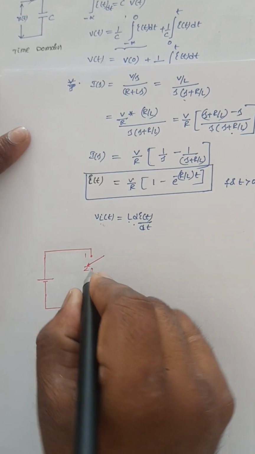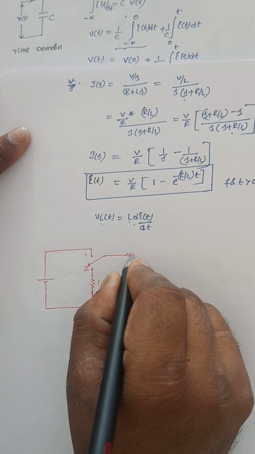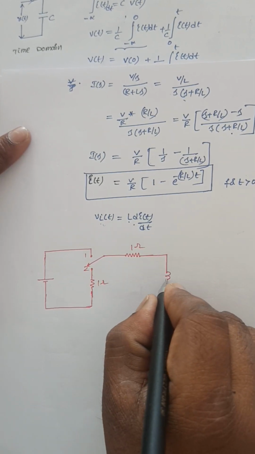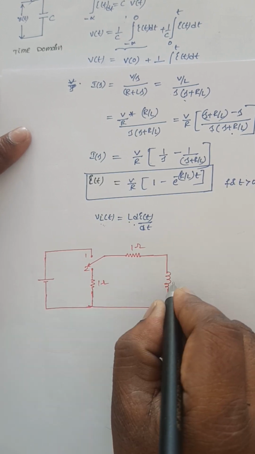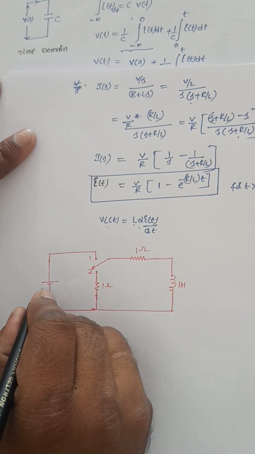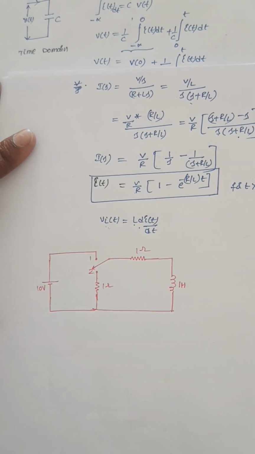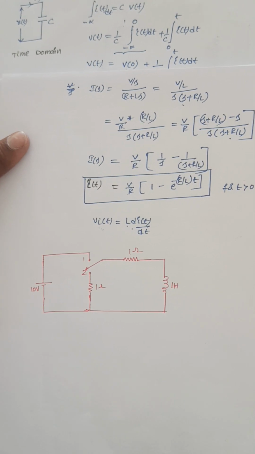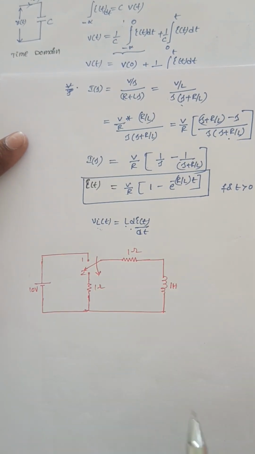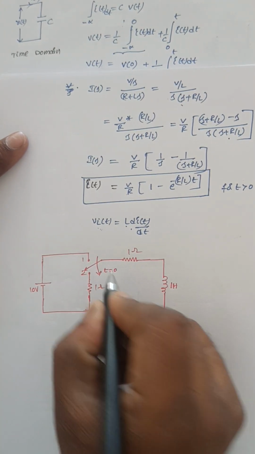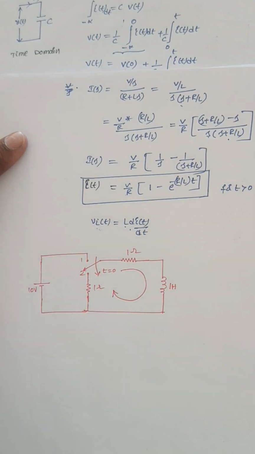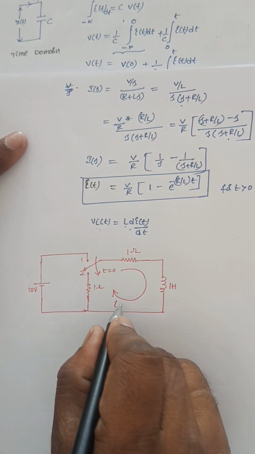This is a switch, and this is the resistance, 1 ohm. The inductor is 1 Henry. It is 1 ohm, and this voltage source value is 10 volts here. And the switch is moved from position 1 to position 2 at t is equal to 0. Now I need to find the value of the current that is flowing through this loop, that is I of t.